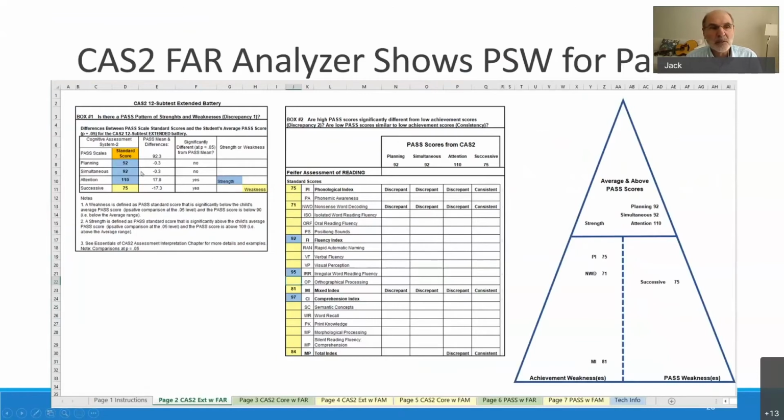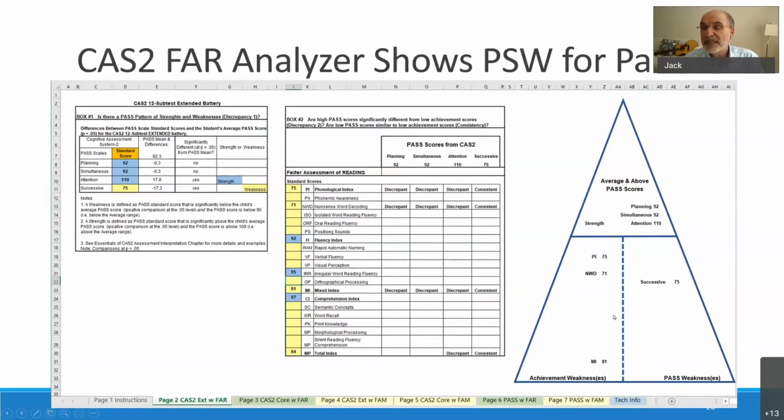The way that this works, I entered the scores for this boy, 92, 92, 110, and 75. It calculates the differences from the mean, tells you if it's significant or not, and if it's a strength or weakness. And then it tells you the scores are discrepant or consistent from each of the 4 PASS scores, and it builds the triangle for you.